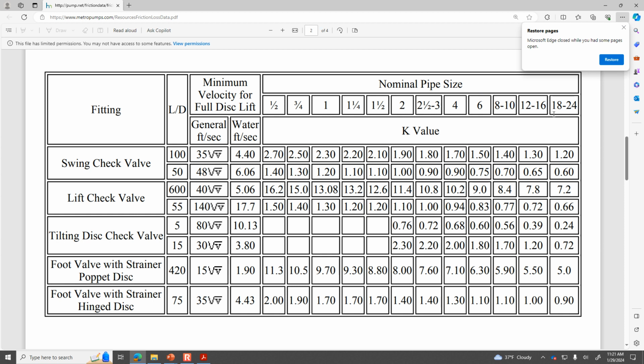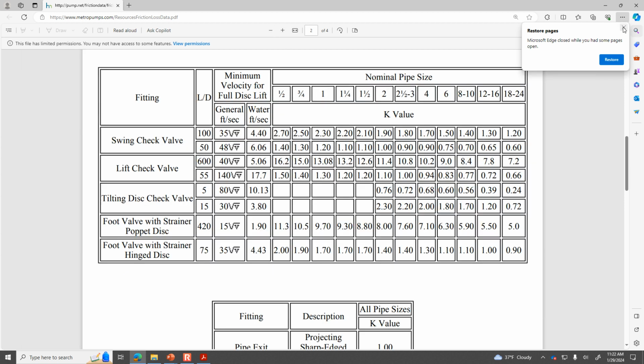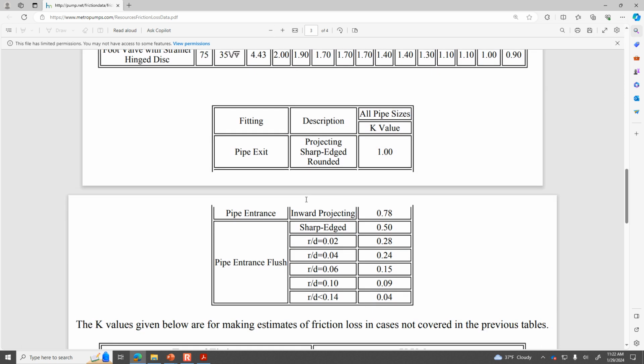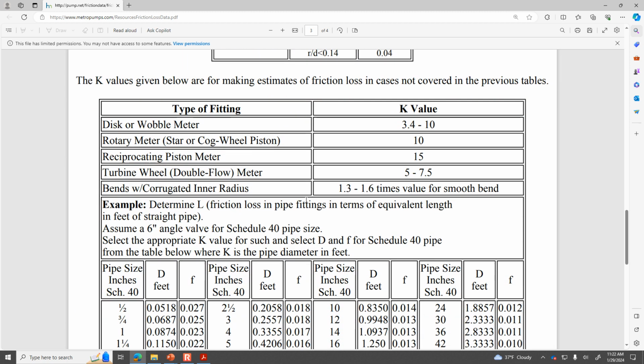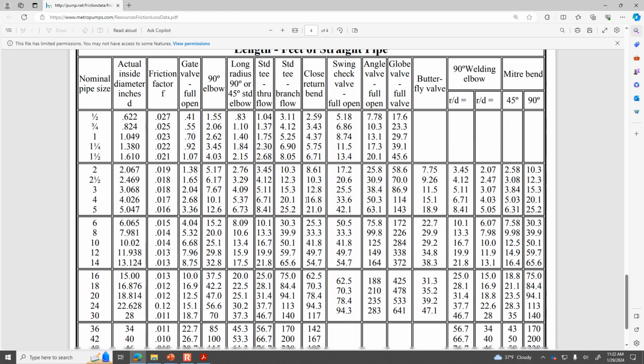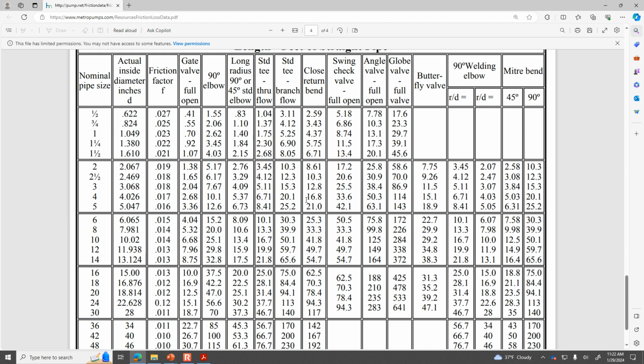And so they're saying their 6-inch swing check valve has a K value of 1.5, whereas their 1/2-inch swing check valve would have a K value of 2.7. So you have to go to the manufacturer of whatever fitting you're using and see what sort of published data they have. So tables like this are available from most providers.